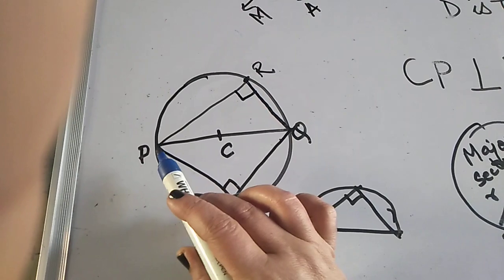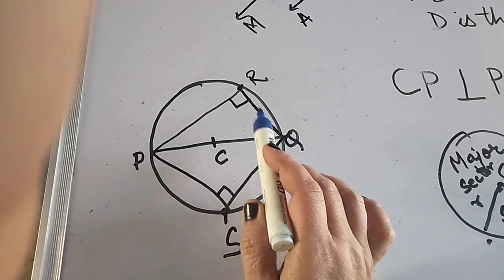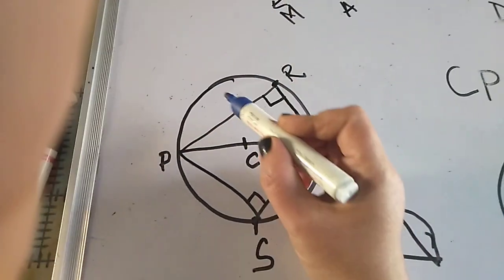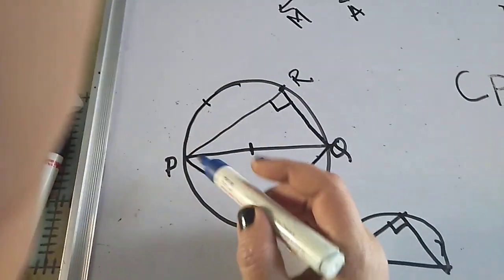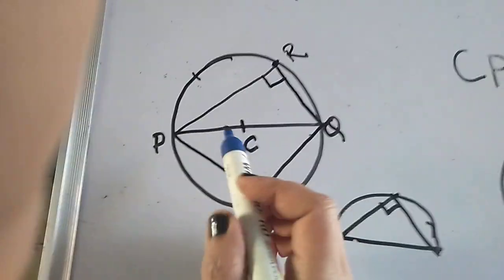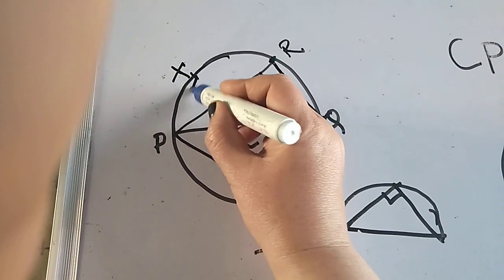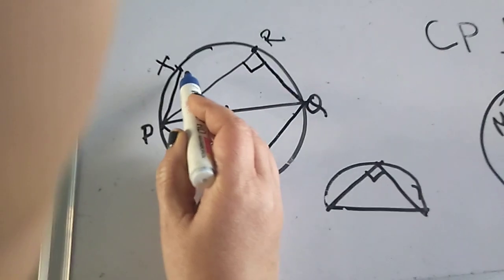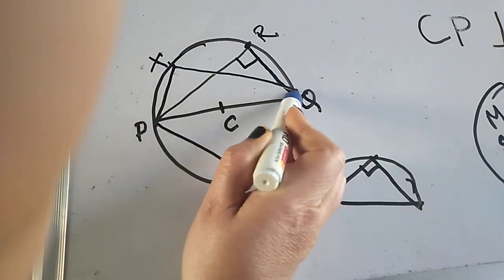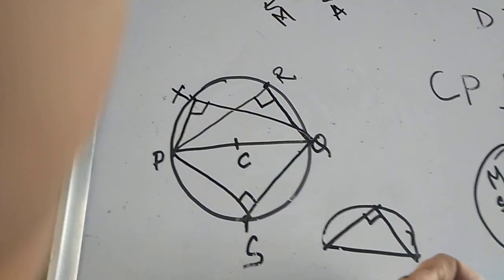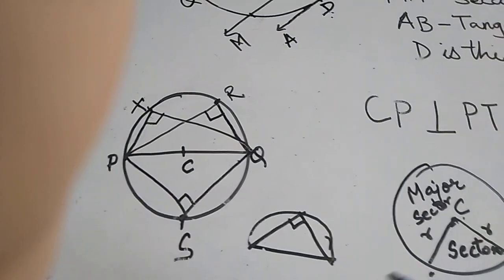Or you can say the diameter always subtends 90 degrees at any point on the circumference. If I take PQ as the diameter and take any point X, you can also find by drawing that this angle is always a right angle. Okay? Now try to do the exercise.